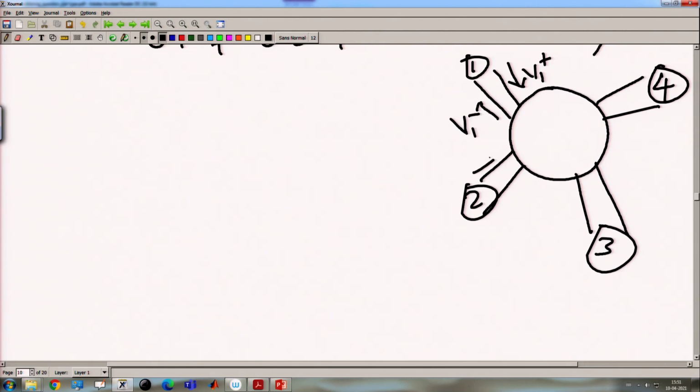Incoming at port 2 is V2 plus and reflected from port 2 is V2 minus. Incoming at port 3 is V3 plus and reflected is V3 minus. Incoming at port 4 is V4 plus and reflected is V4 minus. Like this, for the 4-port network we can write the incoming and outgoing voltages.